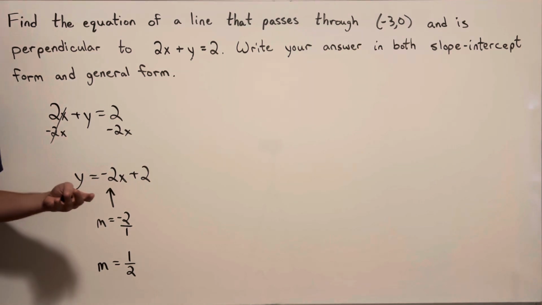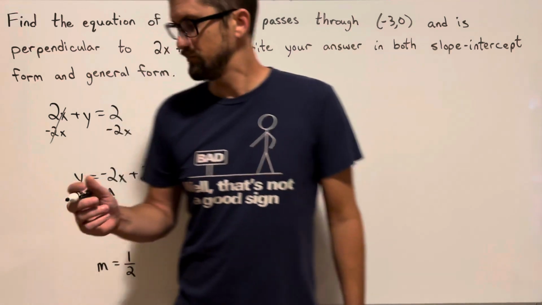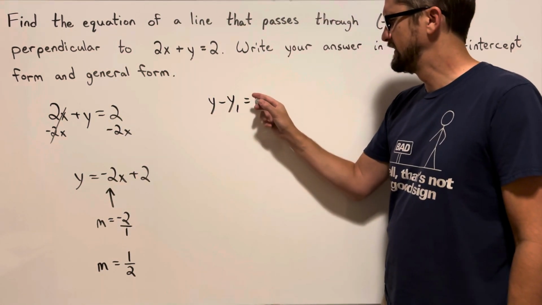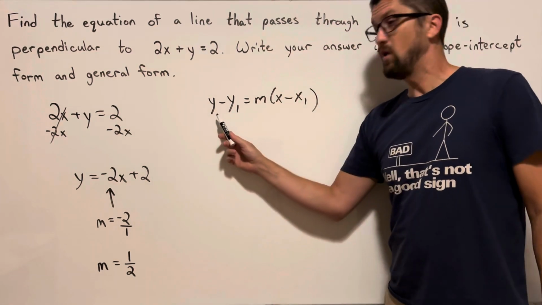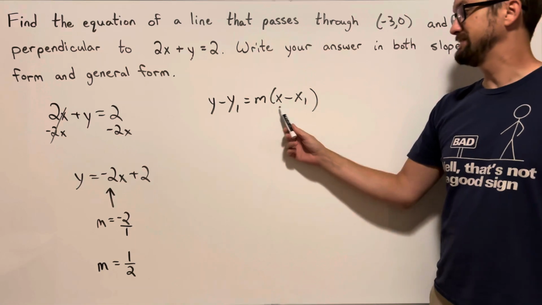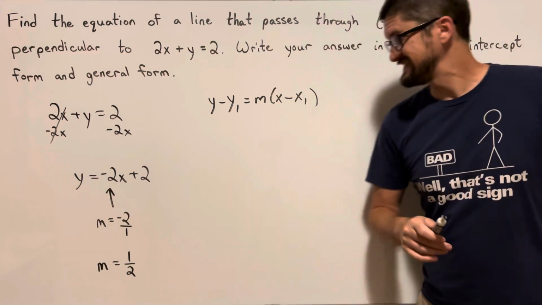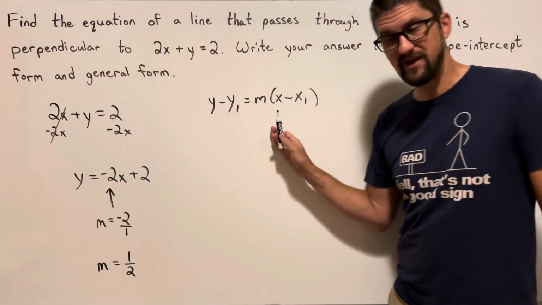All right, so now I'm ready to use point-slope form. Point-slope form looks like this: y - y1 = m(x - x1). The m is what I'm going to use to find the equation of my line.